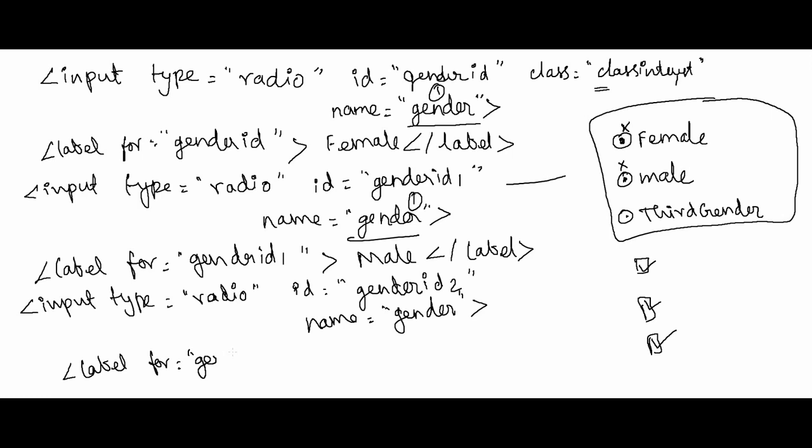Label for gender ID 2. Right? This is third gender. Here I am going to close the label. So after executing this code, these 3 will be shown, and they are also grouped under the name gender. While sending data to the server, I can simply use this name for sending data from this radio button.